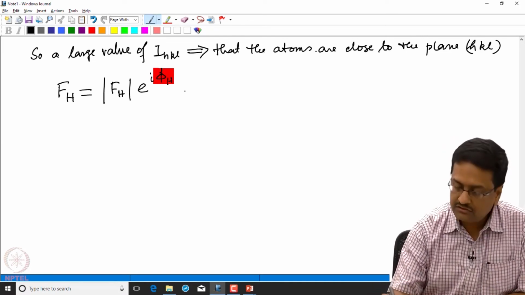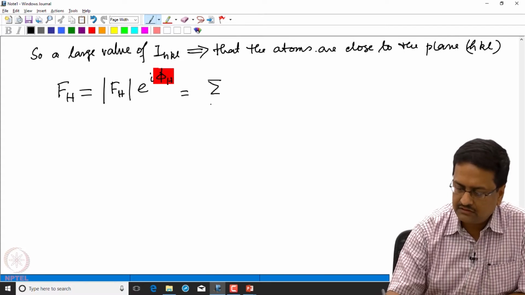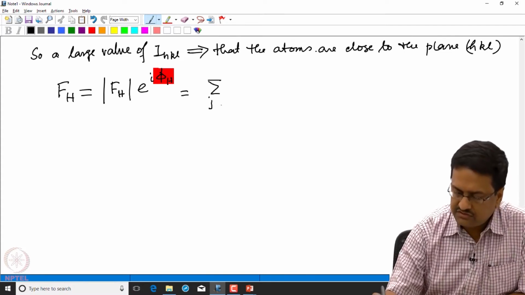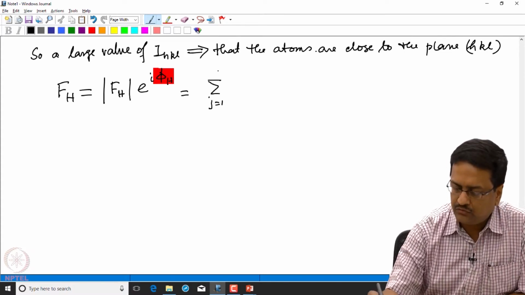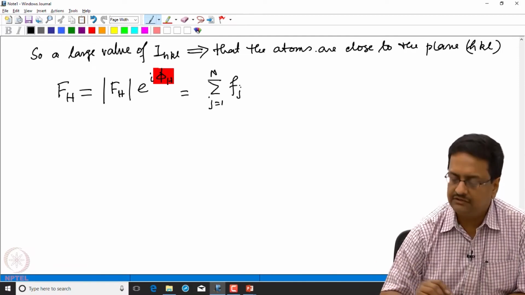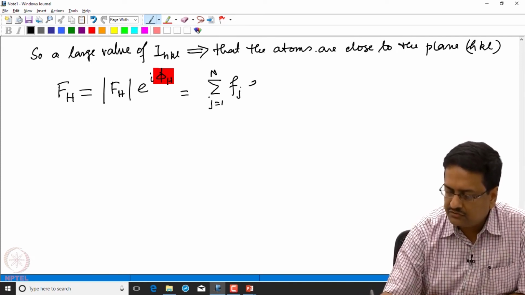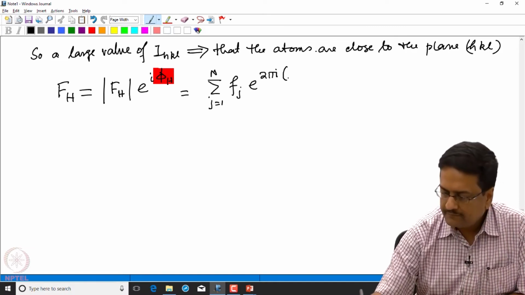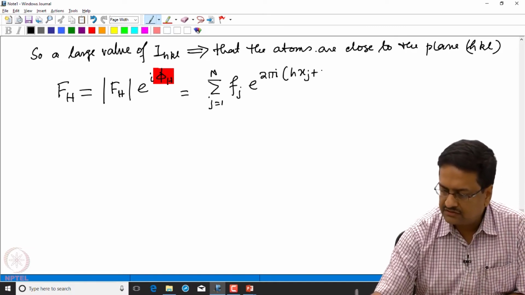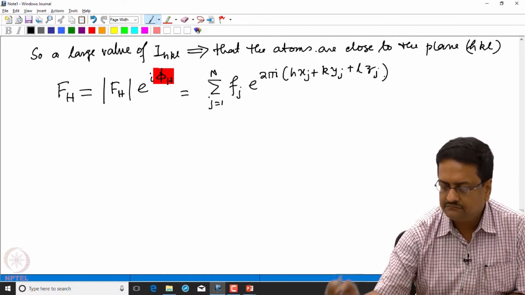Which can also be written as the sum over j equal to 1 to n f_j, suppose there are j different atoms at different places, e to the power 2 pi i (h x_j plus k y_j plus l z_j).